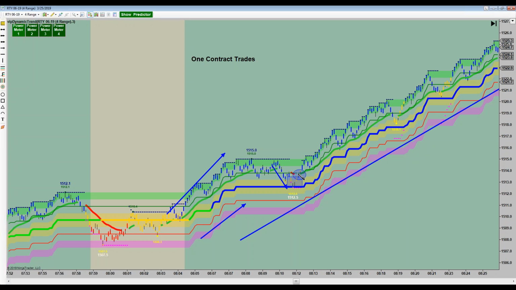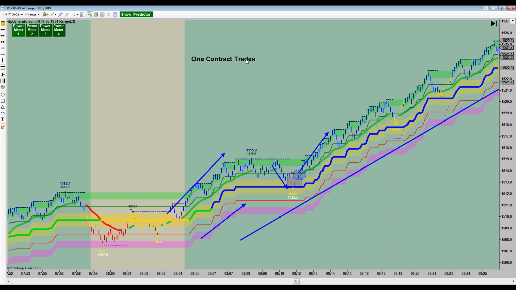Let's suppose you have a 10-tick target, and when the market hits 10 ticks, you're out of the trade and you are done. The downside, obviously, is that this thing went on to run another 60 ticks, and you left the rest of the run on the table.